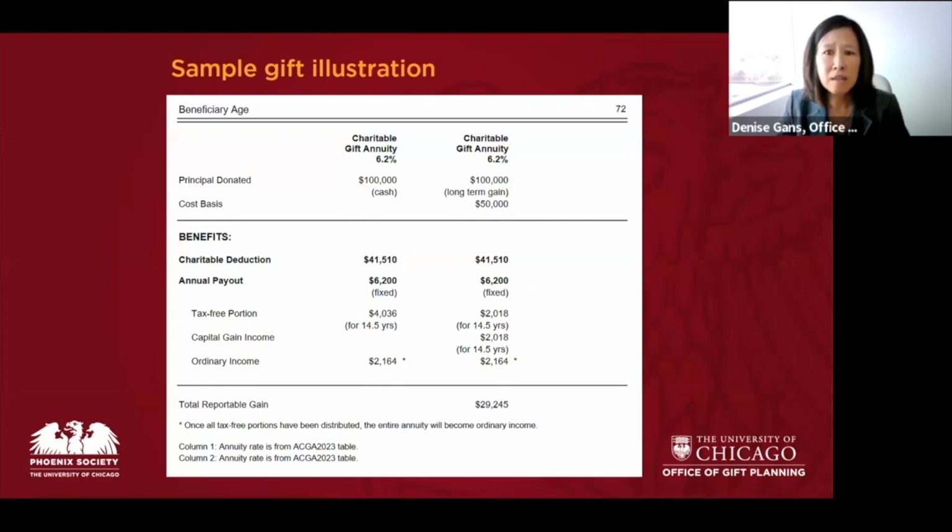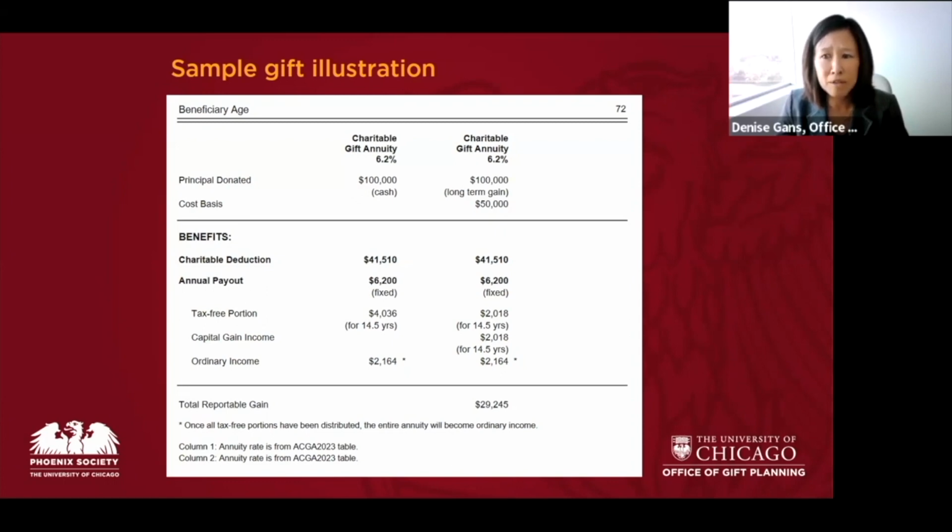So this is a sample gift annuity illustration. It's the type of illustration that we typically provide to donors who are interested in funding a charitable gift annuity. This illustration shows a $100,000 gift annuity, the same example as I gave previously, for a donor who is age 72.